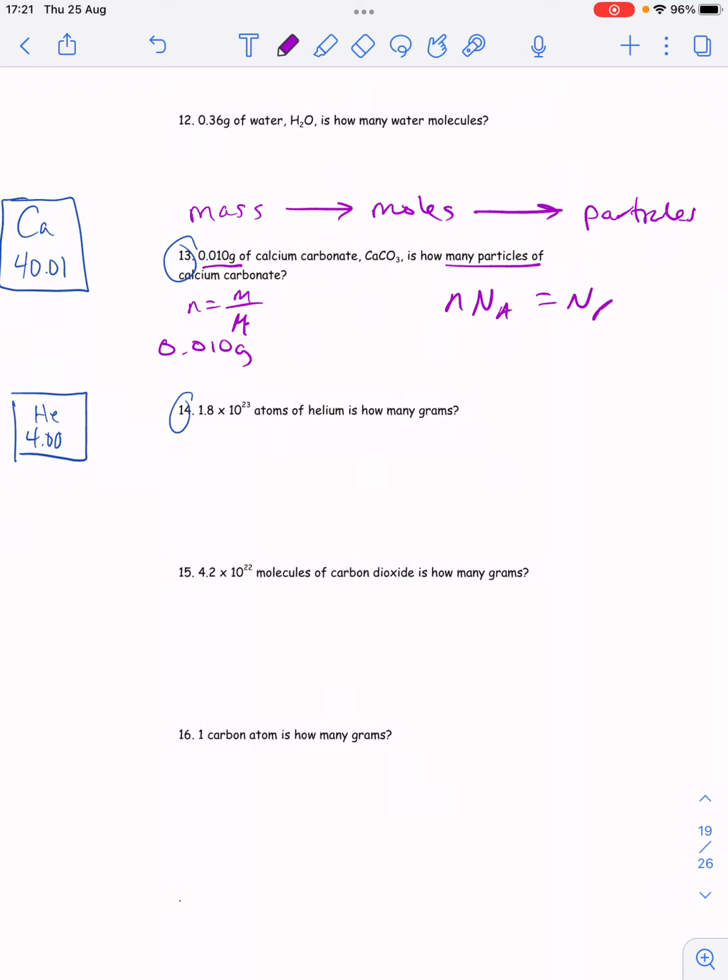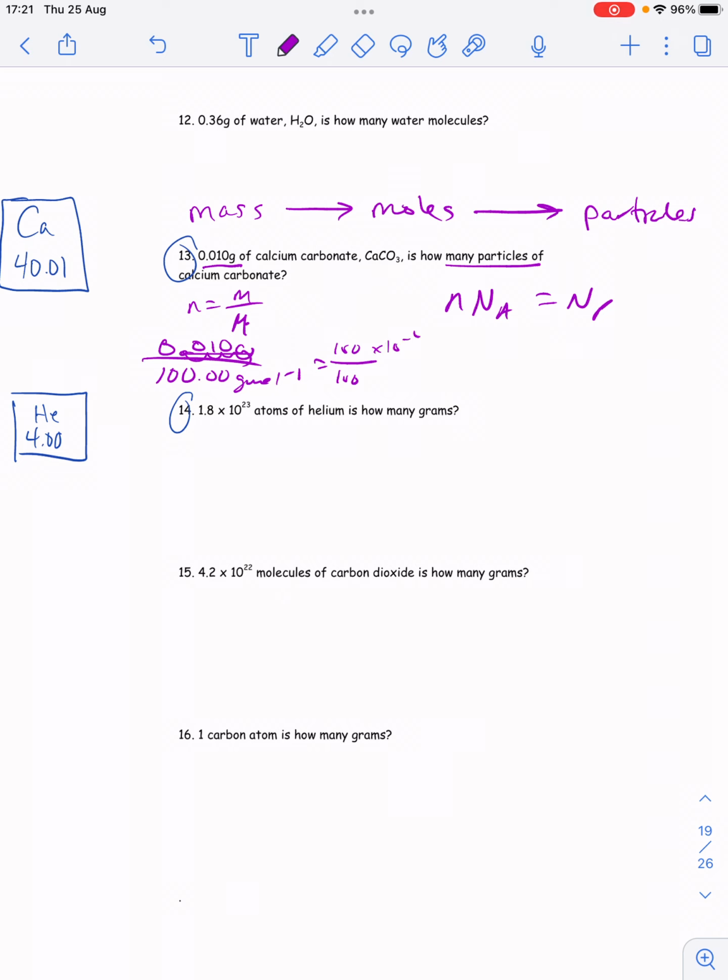0.010 grams. The molar mass of calcium carbonate rounded is 100. And so again, maybe this looks tricky, but you can move this decimal place over. So 1, 2, I get to 1. I'm going to keep going. 3, 4. If I move it 4 spots, I get 100 divided by 100. That's nice and easy.